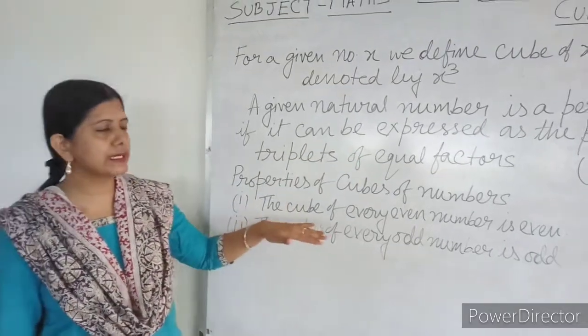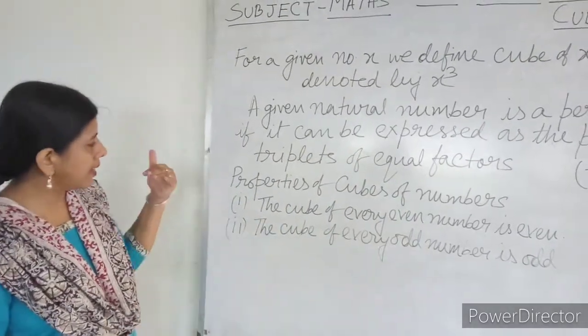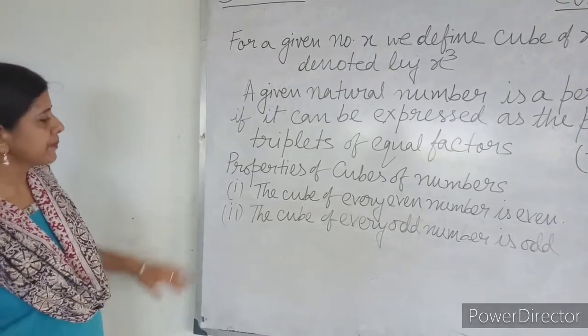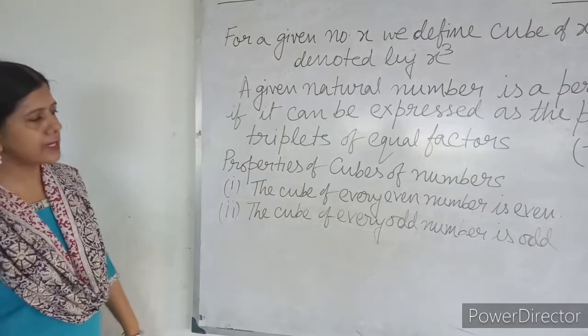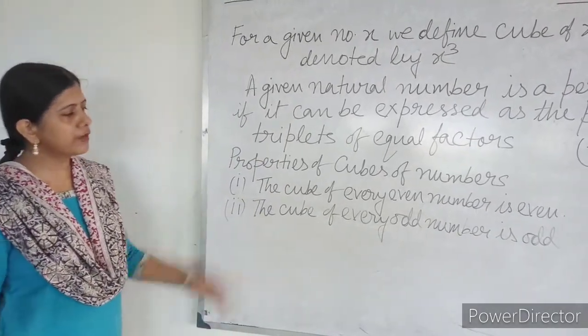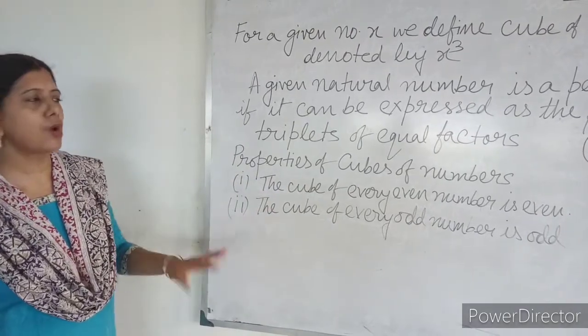Before examples, let me discuss the properties of cubes of a number. The cube of every even number will give you an even number. Similarly, the cube of every odd number is an odd number.